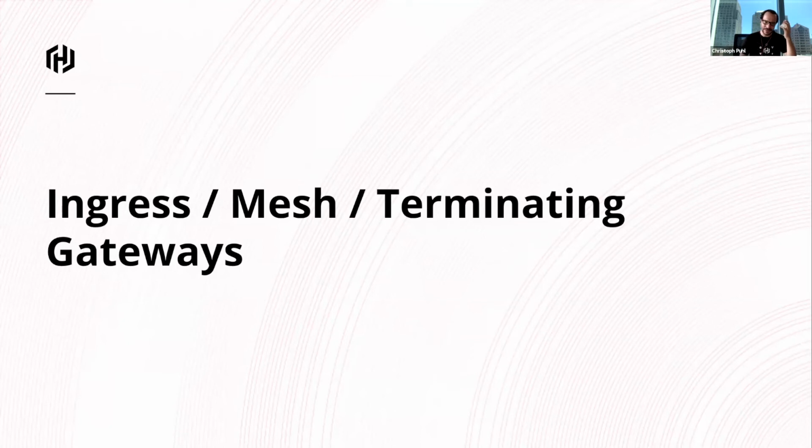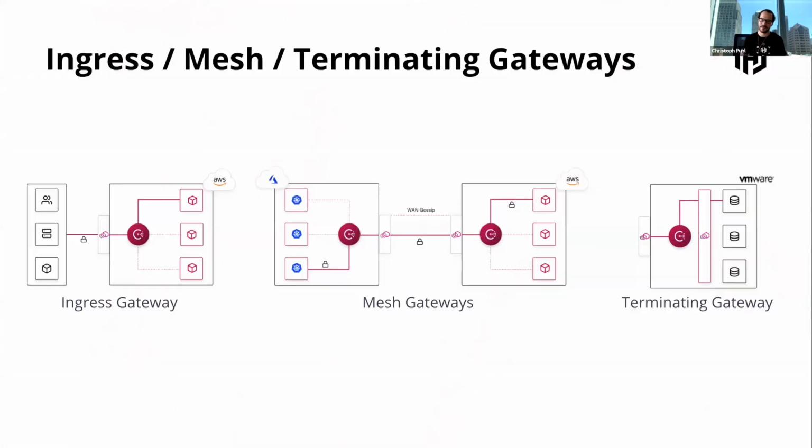So to make applications in the mesh talk to applications outside of the mesh and vice versa, Consul offers a bunch of gateways. So we have an Ingress gateway capability, which can expose services residing in the mesh to outside services, meaning you have this single entry point into the service mesh. For instance, if a mainframe wants to talk to something in the mesh.